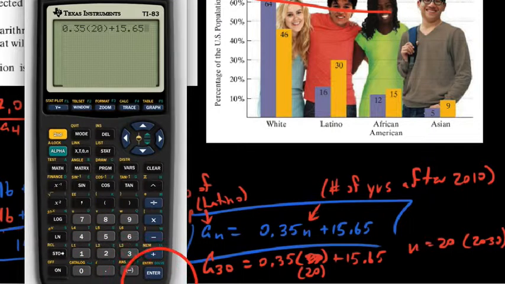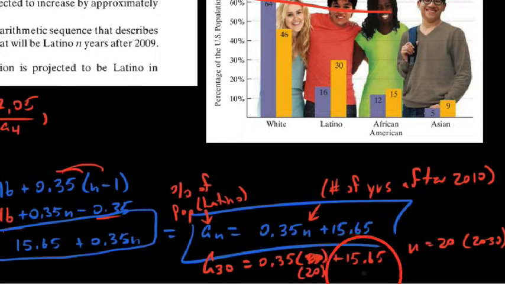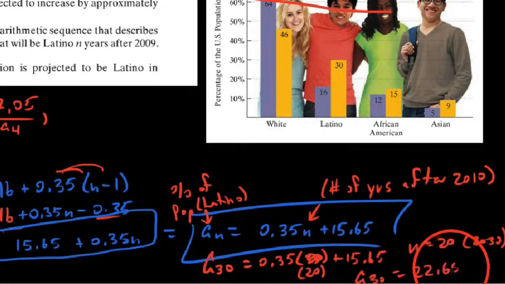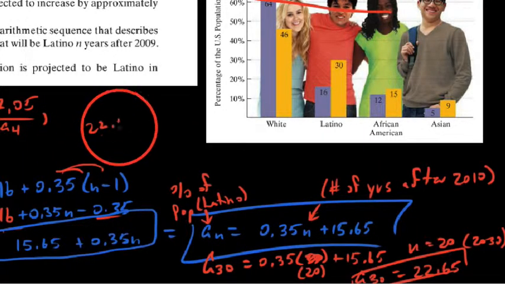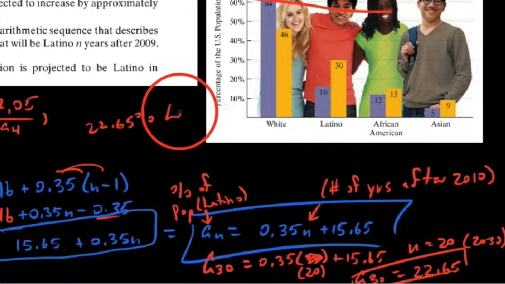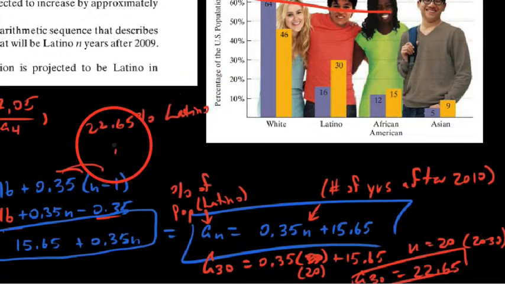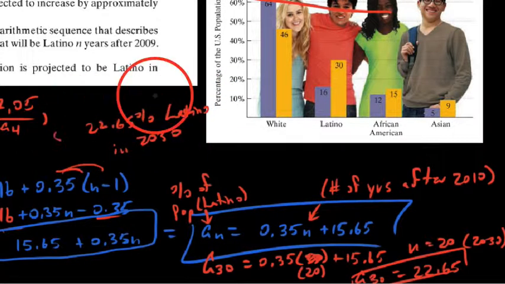Enter. So we get 22.65. So a_20, the 20th term, is 22.65. And we could answer this question with a conclusion statement, but we'd say that it's 22.65% Latino in 2030. Cheers.